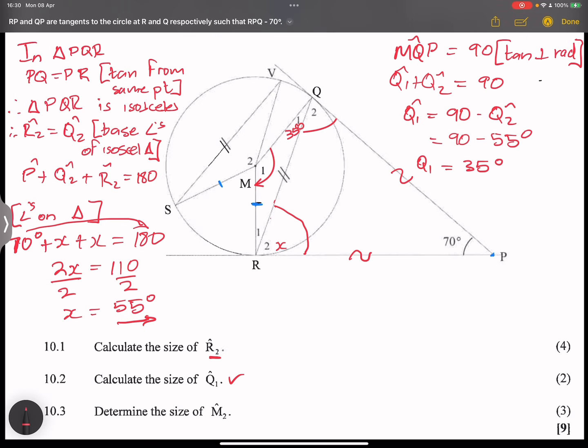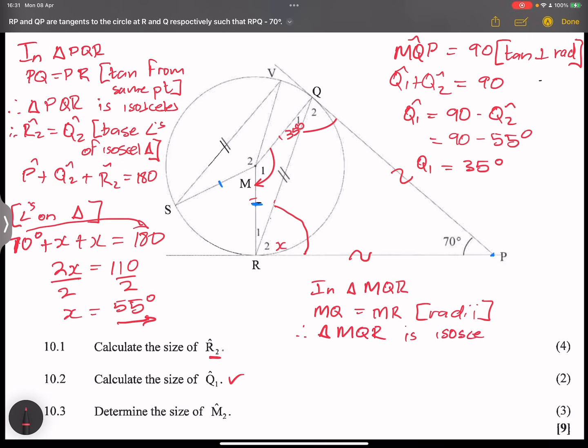We're going to say, well, in triangle MQR, we know that MQ is equal to MR, why, the radii. Because those are equal, it means that triangle MQR again is isosceles.